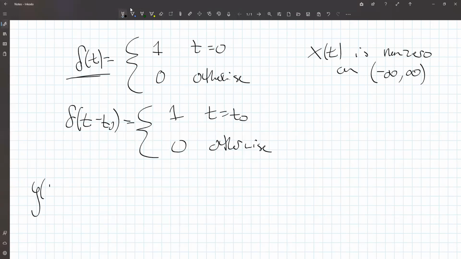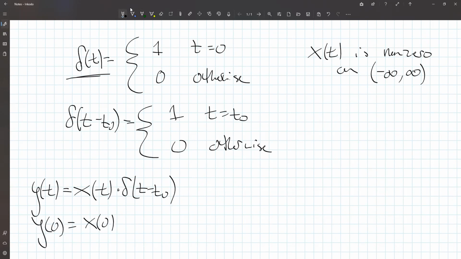So if y of t is equal to x of t times delta of t minus t naught, well, if I put in y of t equals 0, I get x of 0 times delta of 0 minus t naught.